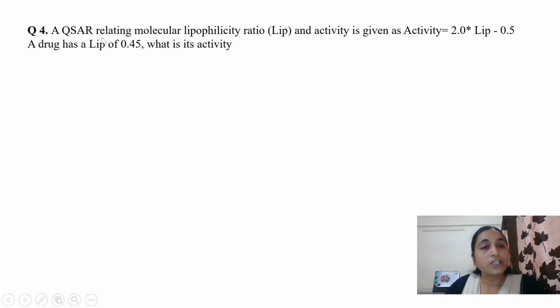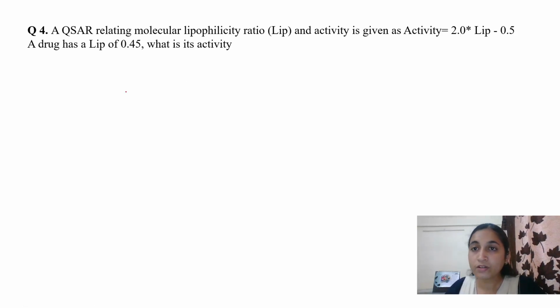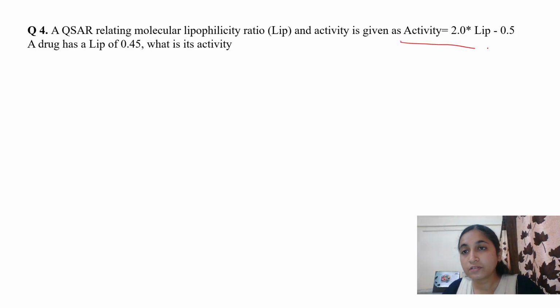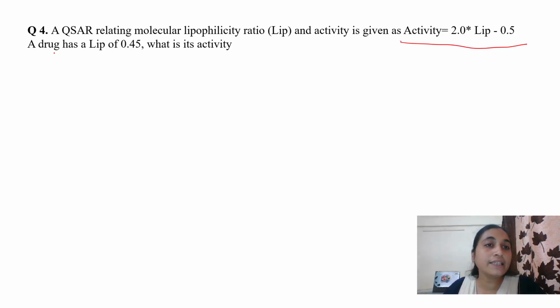So now this is question number 4. A QSAR relating molecular lipophilicity ratio, lip, and activity is given as activity equals 2 into lip minus 0.5. A drug has a lip of 0.45. So what is its activity?